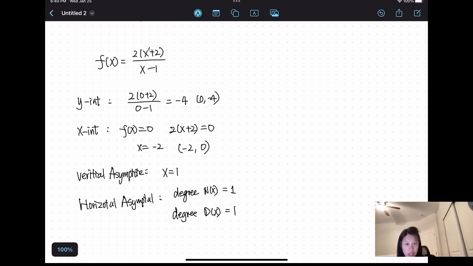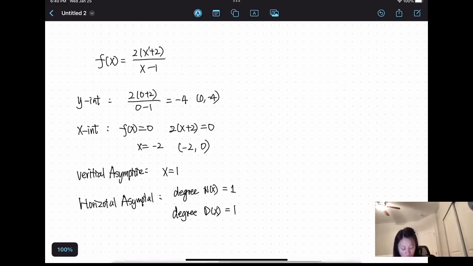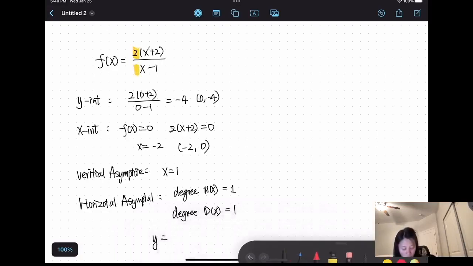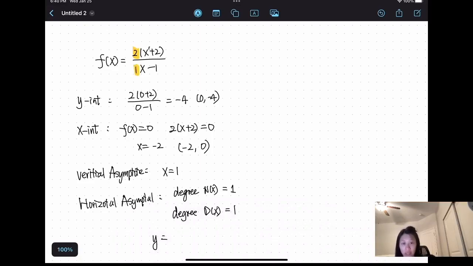If these two degrees are equal, the horizontal asymptote equals the ratio of the coefficients. In this case, here is the coefficient of the numerator, and here is the coefficient of the denominator, which is 1, right? So the horizontal asymptote is going to be 2 over 1, which is 2.